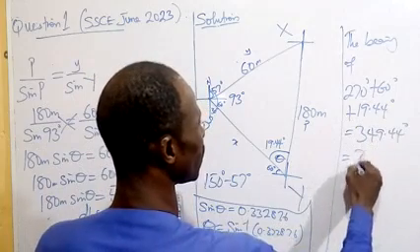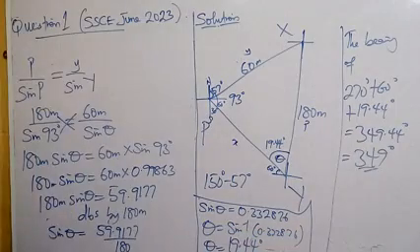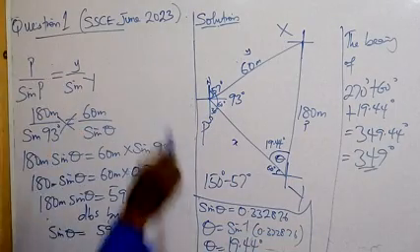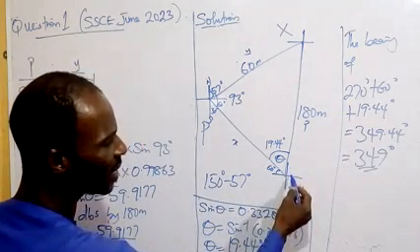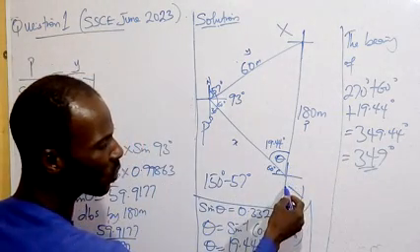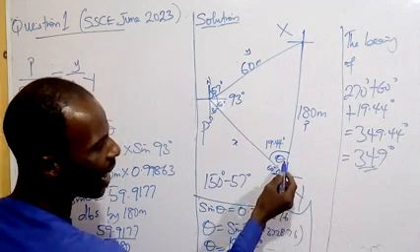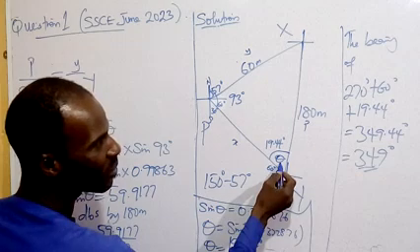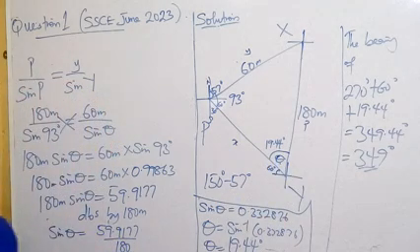To the nearest degree, 349. So the bearing of x from y is 349 degrees. From here 90, from here 90, that is 180. So this place 270 plus this 60 and this angle 19.44. So that is our final answer.